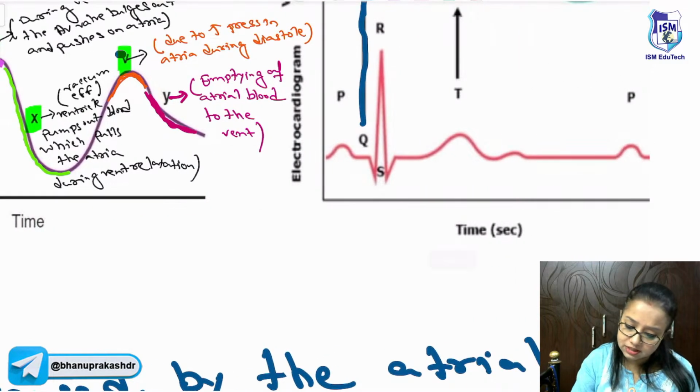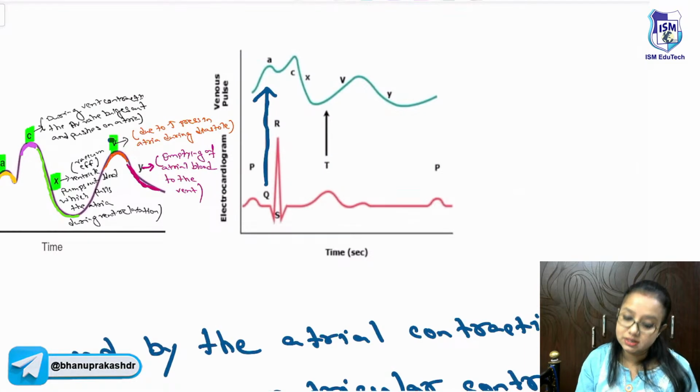So studying which phase each coincides with: A coincides with the PQ segment. C coincides with the R, almost the end of the R, when the contraction of the ventricle starts. Y, as you see, coincides just before the repolarization starts, that is the emptying, isovolumetric relaxation, and it coincides with the isoelectric line.